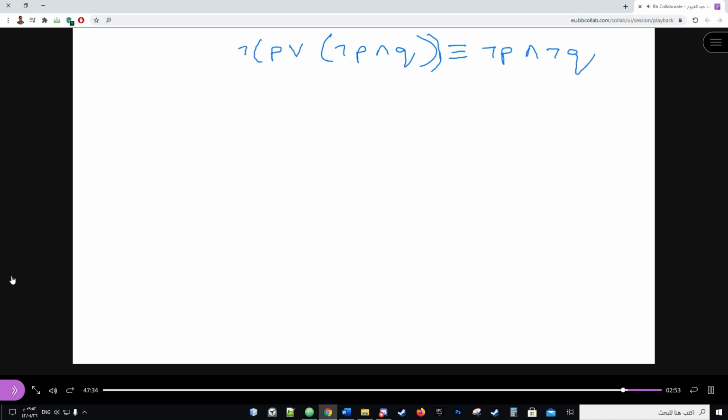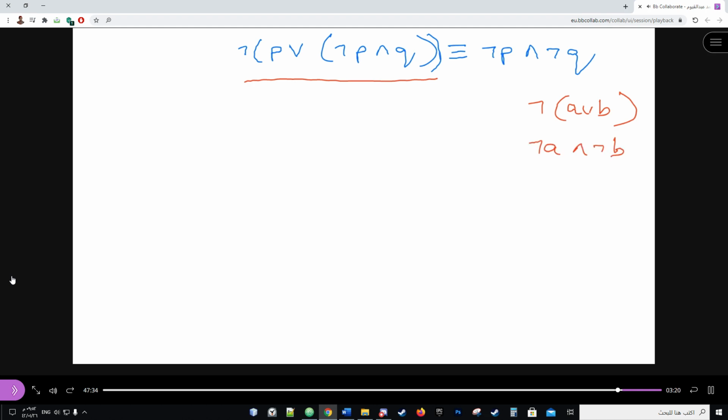Okay, so let's look at the expression on the left. Is this in the form not (A or B), where A is something and B is something? So it's in this form, so we can apply De Morgan's law to this. Applying De Morgan's law, we get something like this.